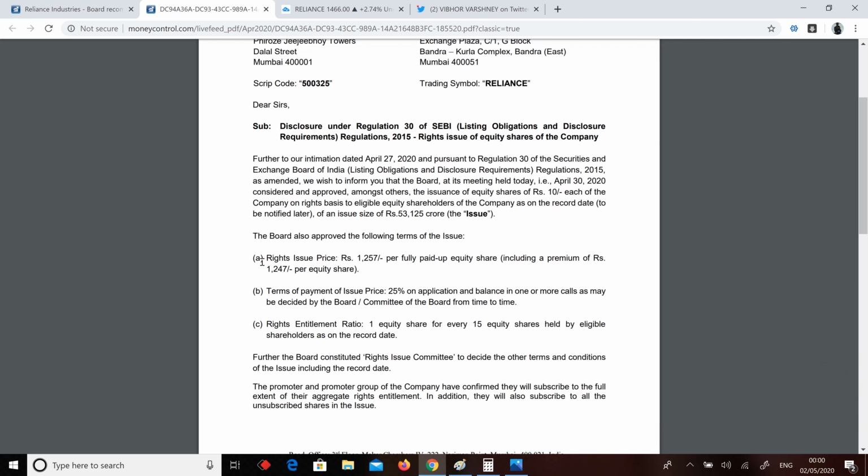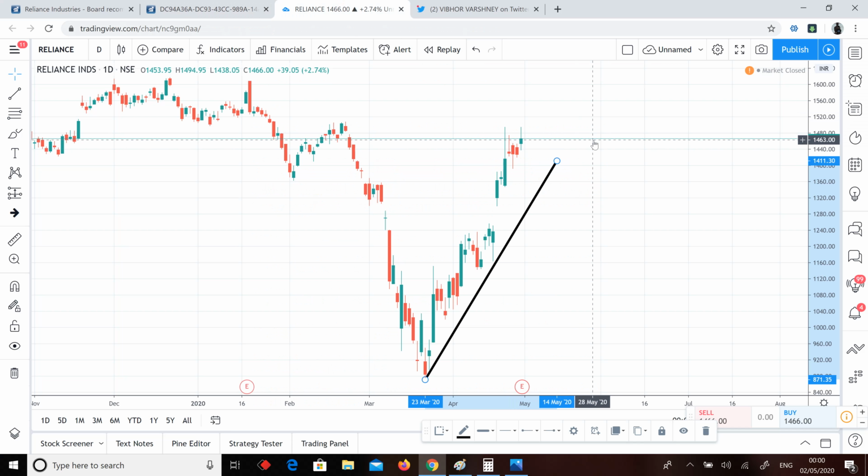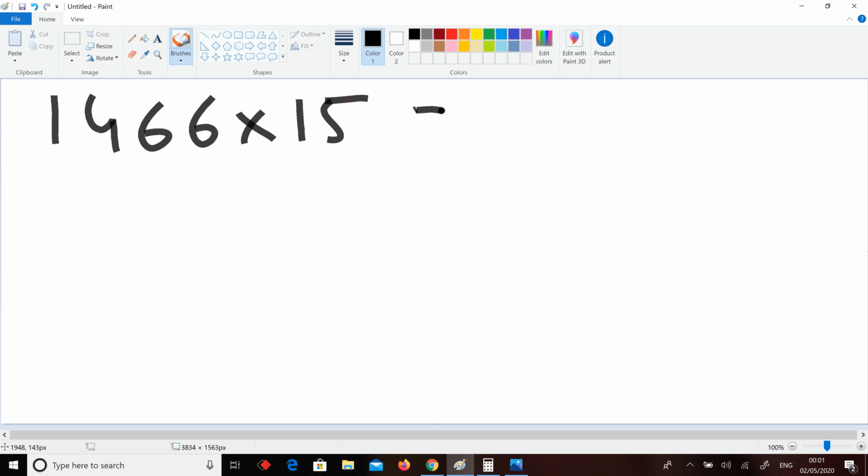Reliance says the board approves the rights issue at 1257. The ratio is 1 for every 15 held. The current market price is 1466. Let's see one thing. The current market price is 1466 for every 15 shares.